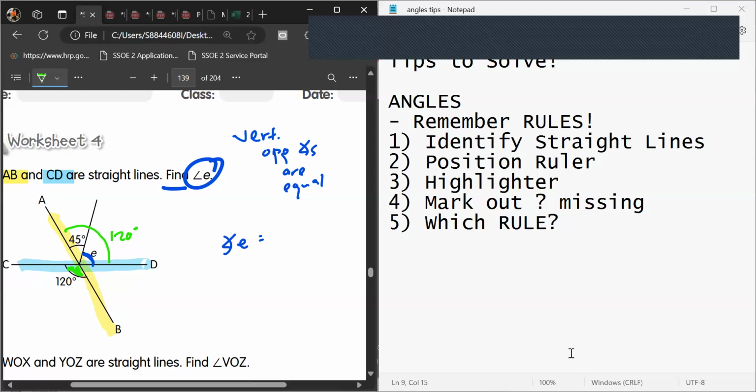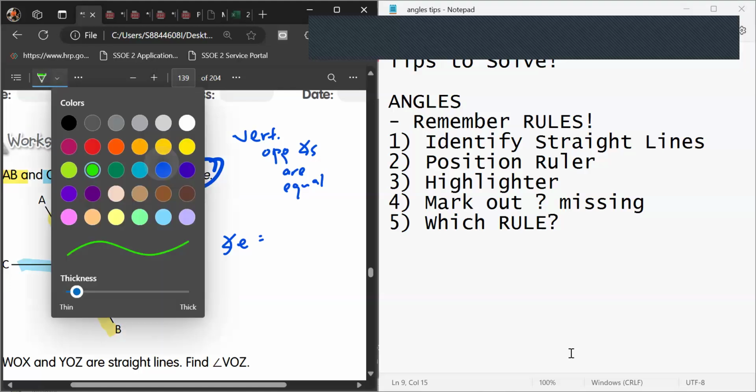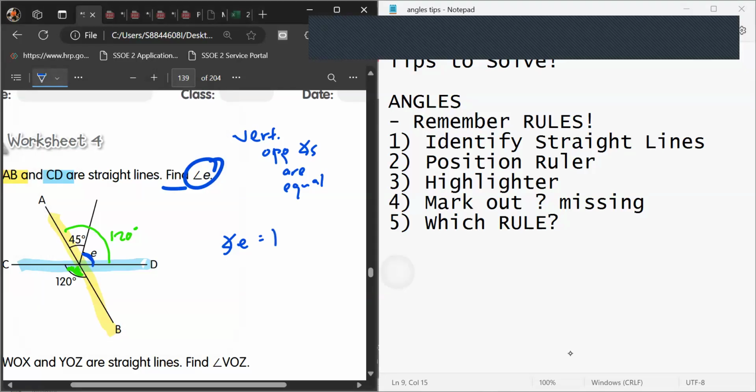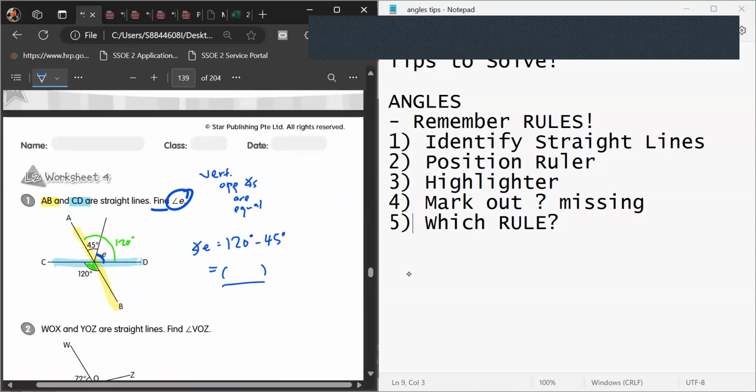So to find E, you'll use 120 minus the 45. Is that okay? Then you can count. Quite easy. Don't forget to do the regrouping. I think one of the most common mistakes is forgetting to do the regrouping, and the other common mistake is forgetting to write units.